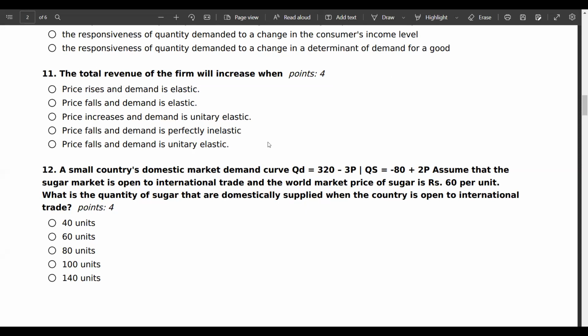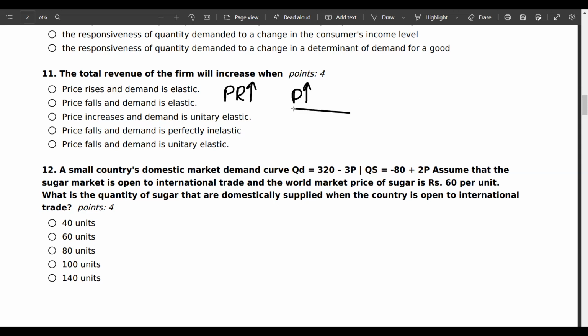I will write the answer simply like this. Price rises and demand is elastic. They are saying price is going to rise and we want to find out total revenue of the firm is supposed to increase. So producer revenue has to increase, right?